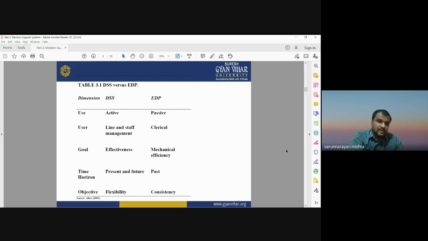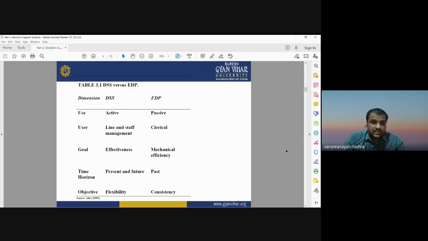So when we compare DSS and EDP, you can see here DSS is an active kind of support system whereas EDP is passive. Okay. And in DSS, the line and staff management is required, whereas EDP is a clerical kind of work.